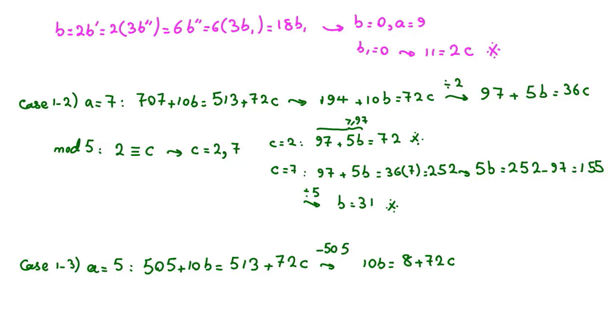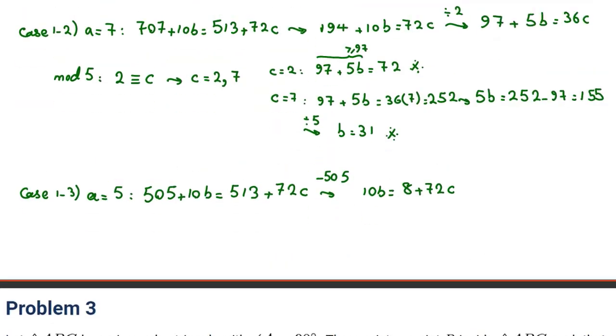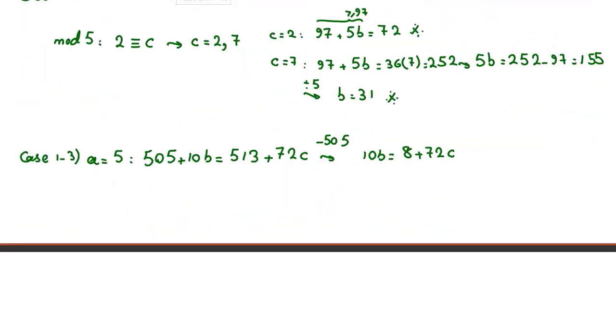Now, here we know that 72c is a multiple of 8, so b should be a multiple of 4. So we can say b equal to 4b prime, so 40b prime equal to 8 plus 72c. Now we divide both sides by 8, so it will be 5b prime equal to 1 plus 9c.